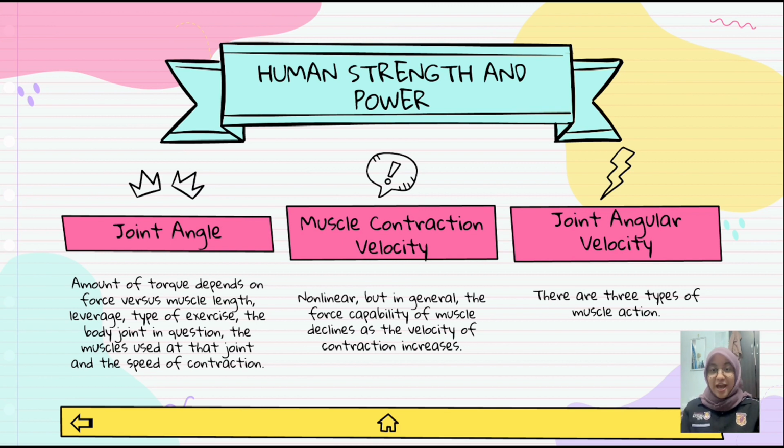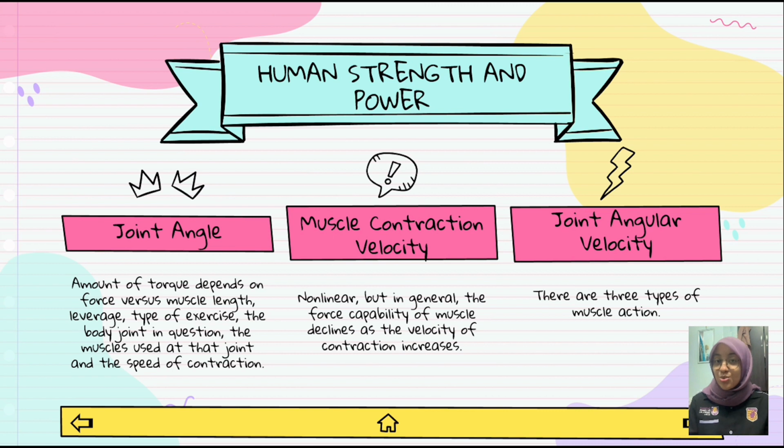Next we have muscle contraction velocity, which is non-linear, but in general the force capability of muscle declines as the velocity of contraction increases.